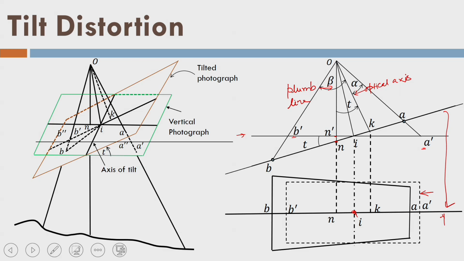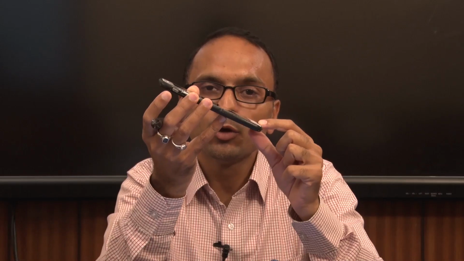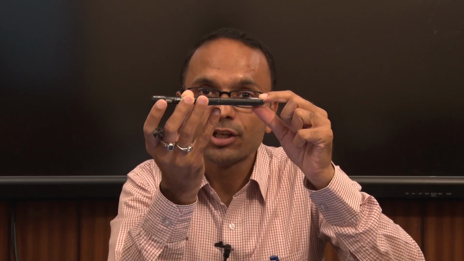Let us see, these angles are alpha and beta, right. Once again we look into the animation. I want to tilt my tilted photograph such that it will meet with the vertical photograph, and that will give me an idea that if this is point A, it is going to make point A double dash.